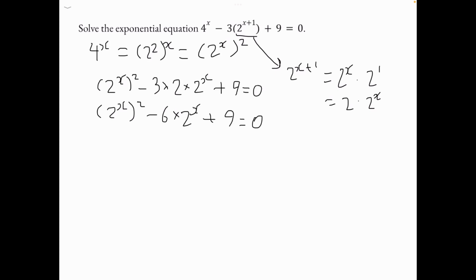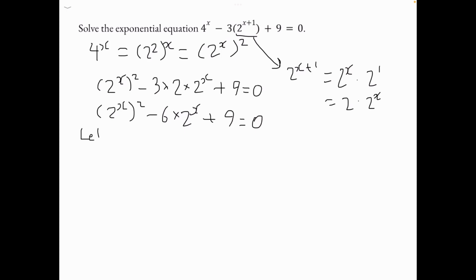Now we can use a substitution variable for 2^x, which will help us rewrite the equation in a more familiar form, and it'll allow us to simplify the equation more easily. So here I'll use the substitution variable u to represent 2^x.